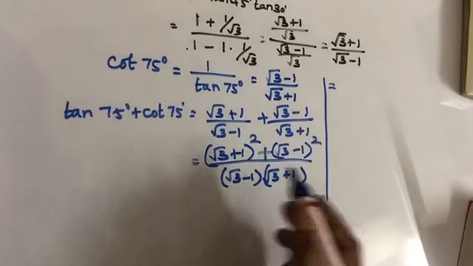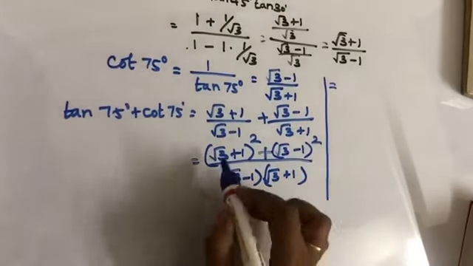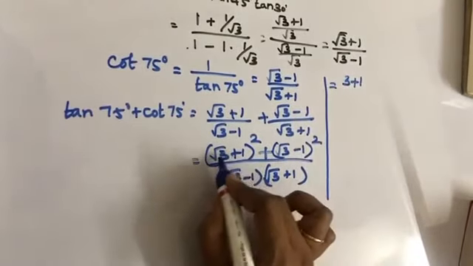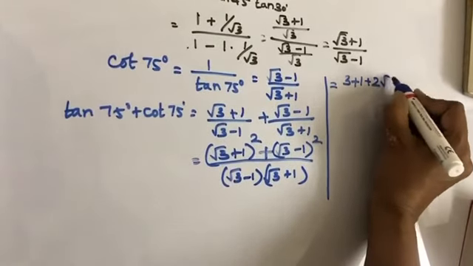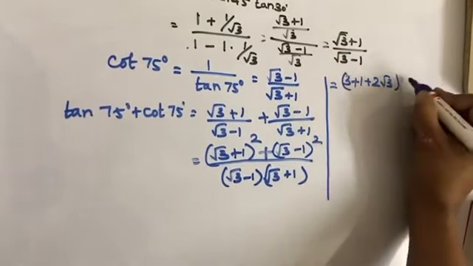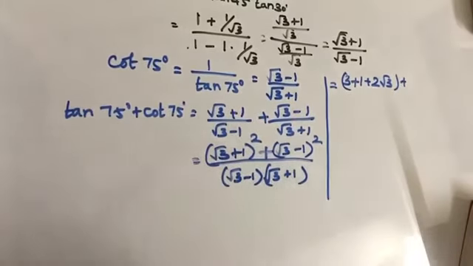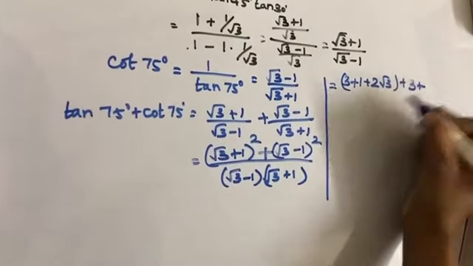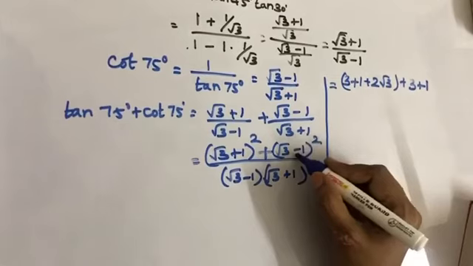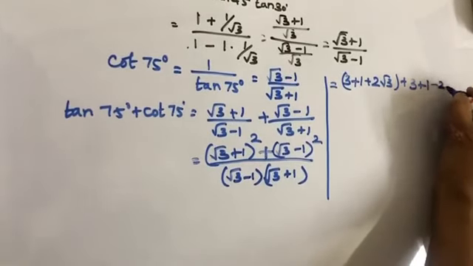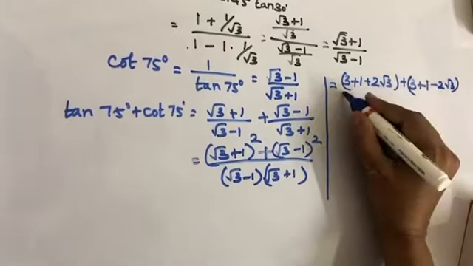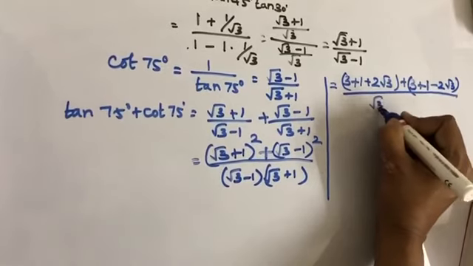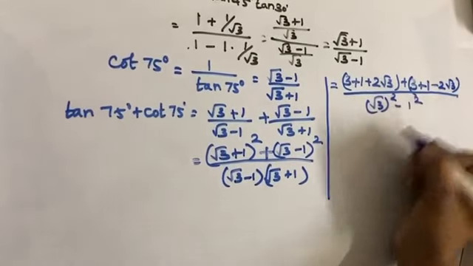Here a plus b the whole square: a square is 3 plus b square, it is 1, 2ab, that is 2 root 3, plus here root 3 minus 1 the whole square, that means a minus b the whole square. So a square 3 plus b square 1 minus 2ab, so minus 2 root 3, divided by a plus b into a minus b, that is a square minus b square.